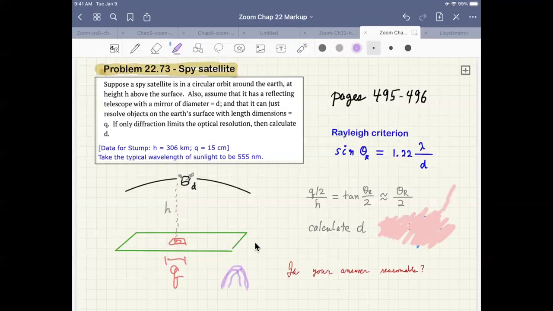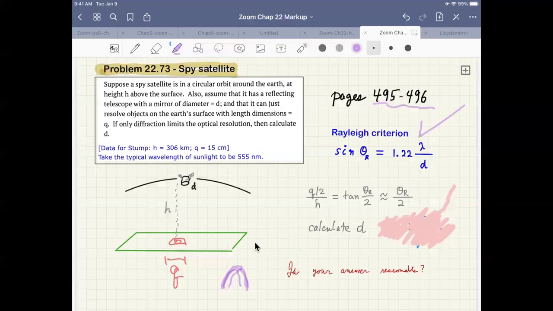It just looks like one thing. So you can't really resolve distances which are at a small angle. That angle is called the Rayleigh criterion. So you'll read about this in pages 495 to 496. Probably got this written down in your notebook.